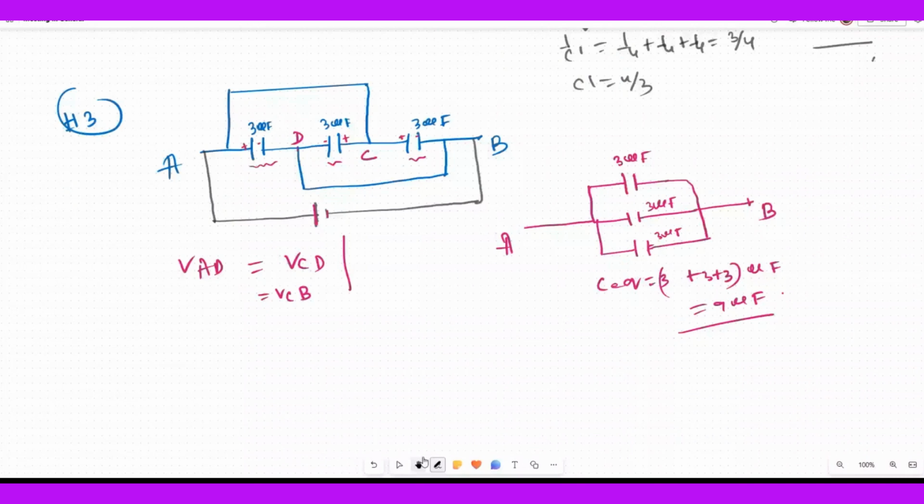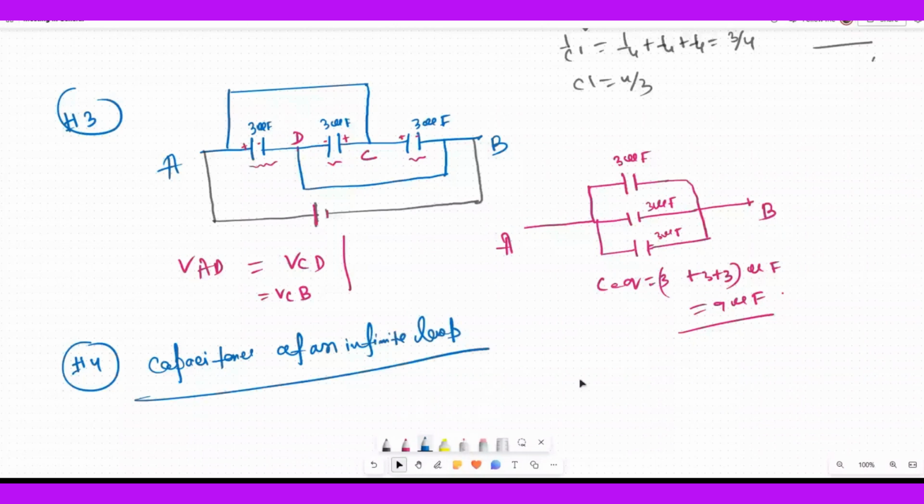Now let us go for the next kind of sums. This is going to be an infinite loop. So number 4 is going to be the capacitance of an infinite loop.